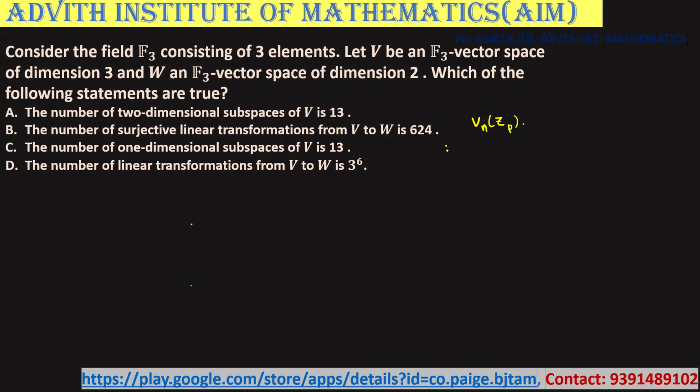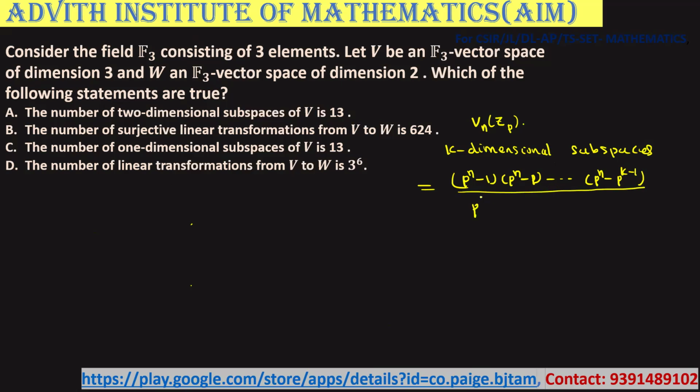Then for k-dimensional subspaces we have a direct formula: the number of k-dimensional subspaces is equal to (p^n minus 1)(p^n minus p) ... (p^n minus p^(k minus 1)) divided by (p^k minus 1)(p^k minus p) ... (p^k minus p^(k minus 1)), where V is the n-dimensional space over the field Zp.